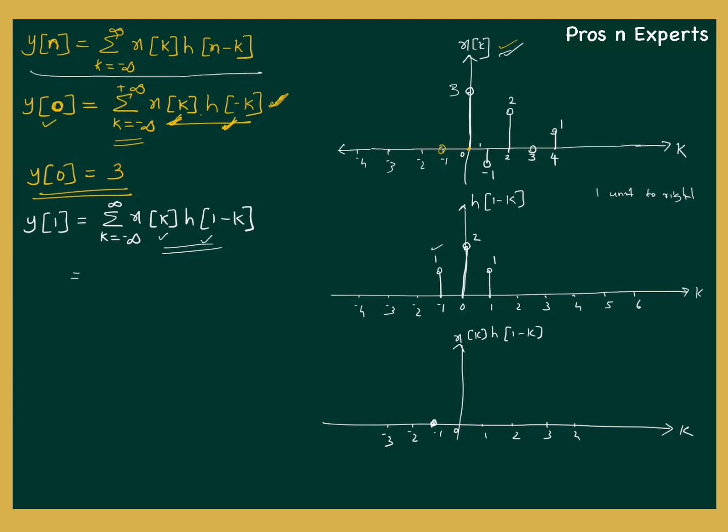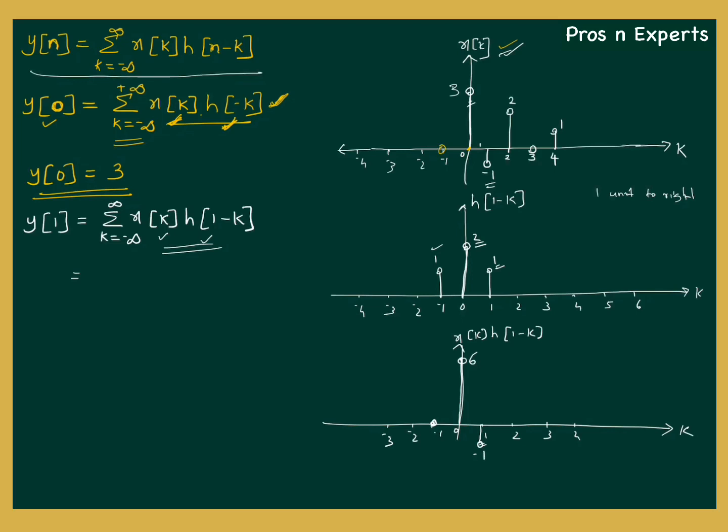Then at k equal to 0, sample 2 is multiplied with sample 3, which will give you 6. So very large amplitude 6. Okay, at k equal to 1, what you will get is amplitude 1 multiplied by amplitude minus 1, which will give you minus 1.